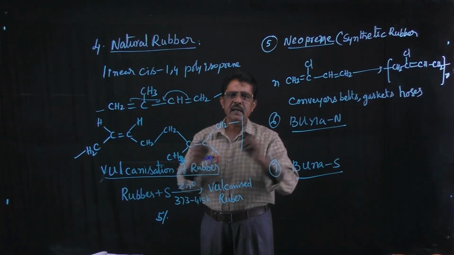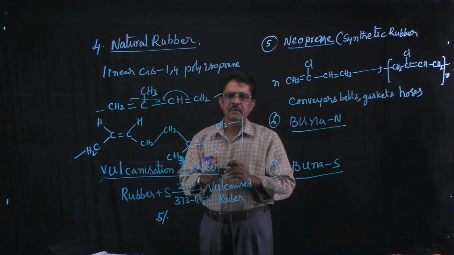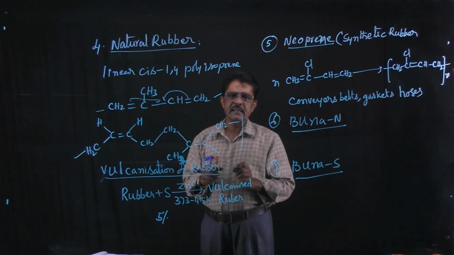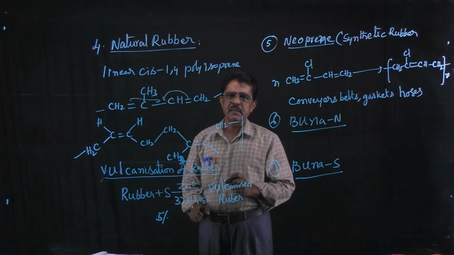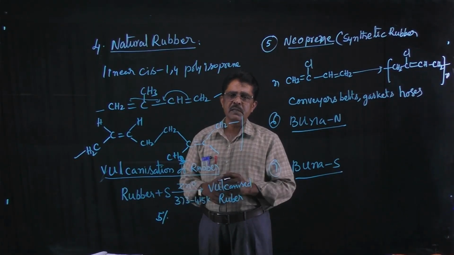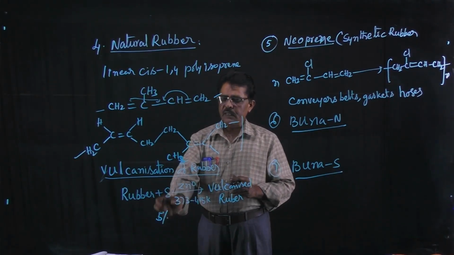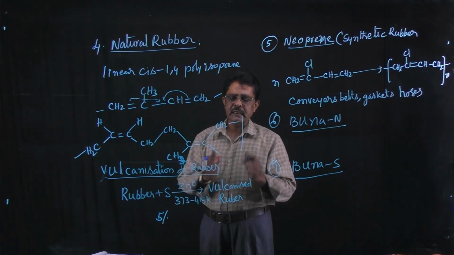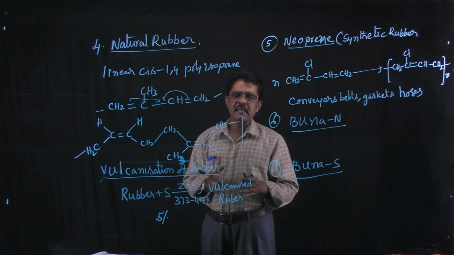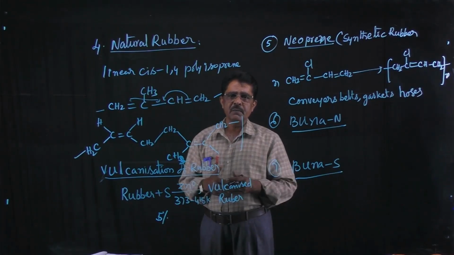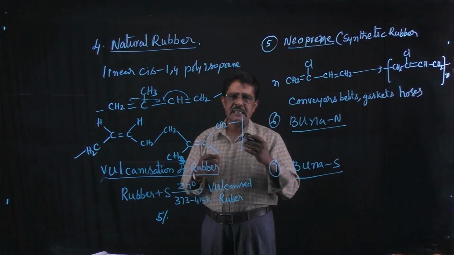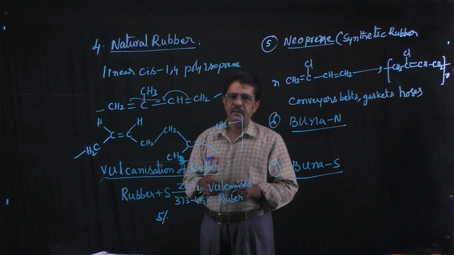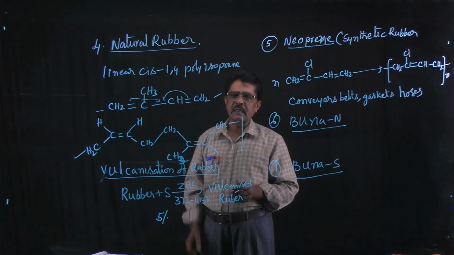Then cross linkings, the S-S linkings, are formed. In this process, 5% of sulfur is used for vulcanization. After vulcanization, the rubber becomes vulcanized rubber. It has high physical properties, meaning tensile strength is more. Understand? This is the vulcanization of rubber.